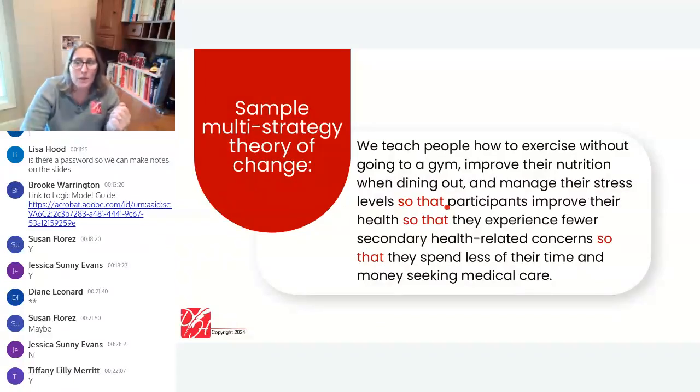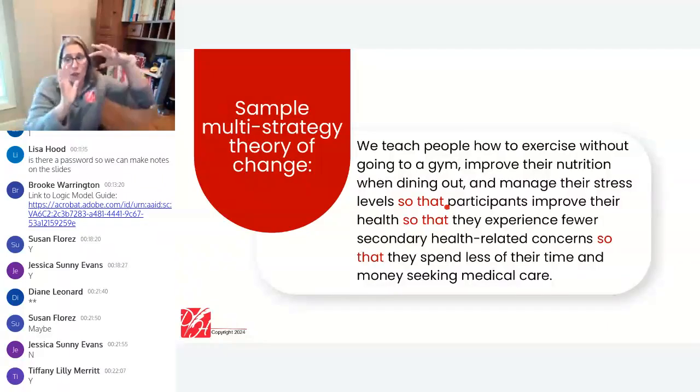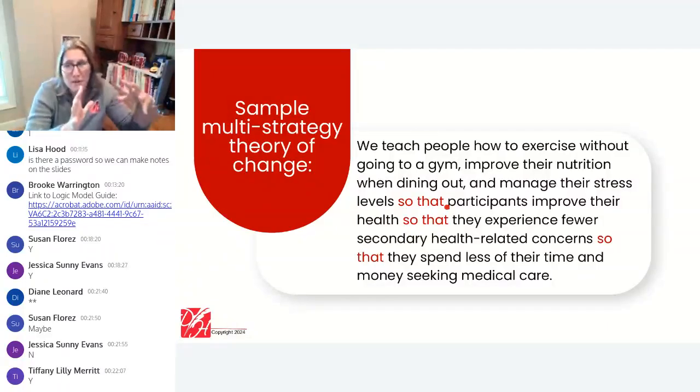We teach people how to exercise without going to a gym, improve their nutrition when dining out, and manage their stress levels. 3 strategies, all before my first so that participants improve their health, so that they experience fewer secondary health-related concerns, so that they spend less of their time and money seeking medical care. Multiple strategies, multiple results in this example.